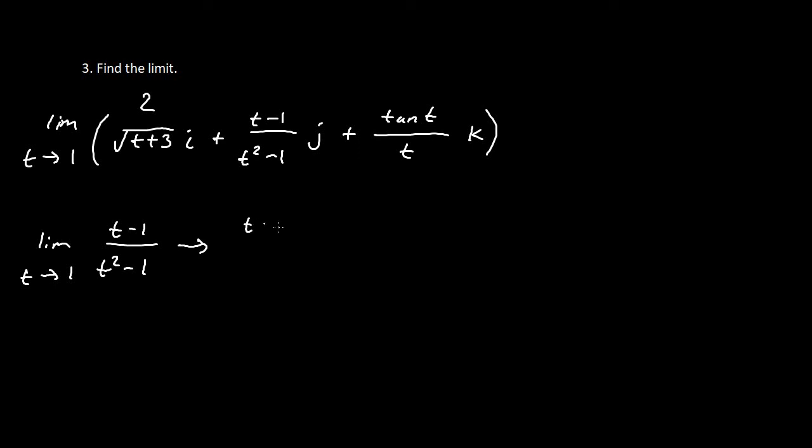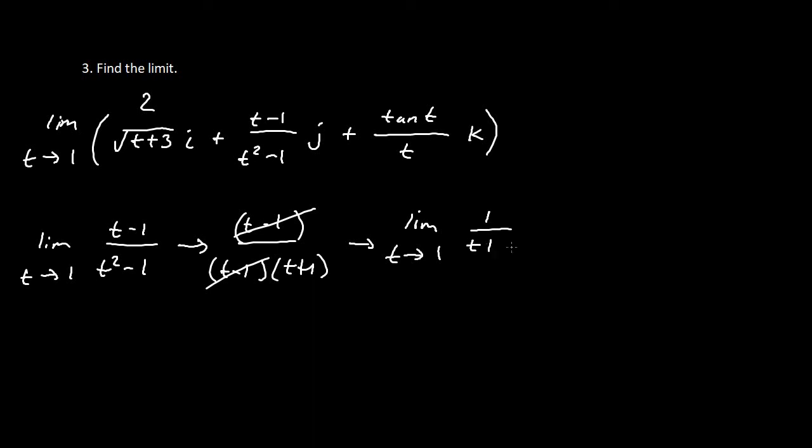So t minus 1 we have on top, and t squared minus 1 we can factor into t minus 1 times t plus 1. In this case the t minus 1s will cancel, and so we're left with the limit as t approaches 1 of 1 over t plus 1. We can direct substitute now. So we'll get 1 over 1 plus 1, which is 2, so 1/2. I'll write that up here.